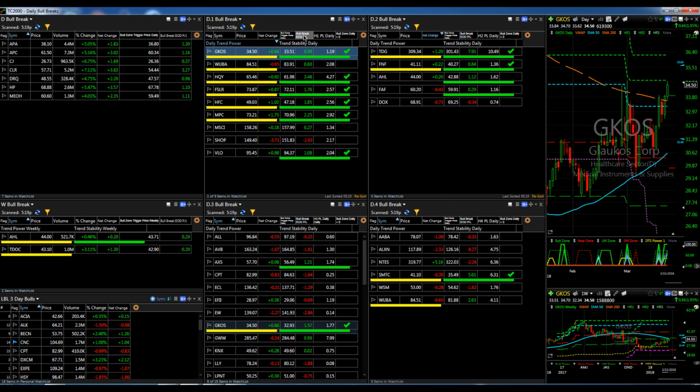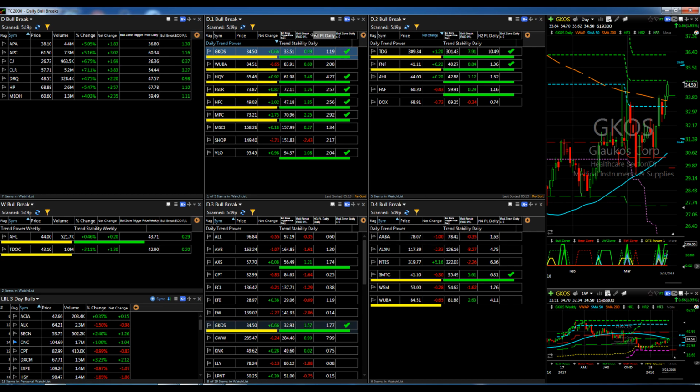The price here, you've got the bull zone trigger price, 36.80. This is the profit since this alert. This is the net change on the stock for today. So tomorrow when this shifts over here, this number will be the same, where we triggered it. That number will stay in here for 4 days.